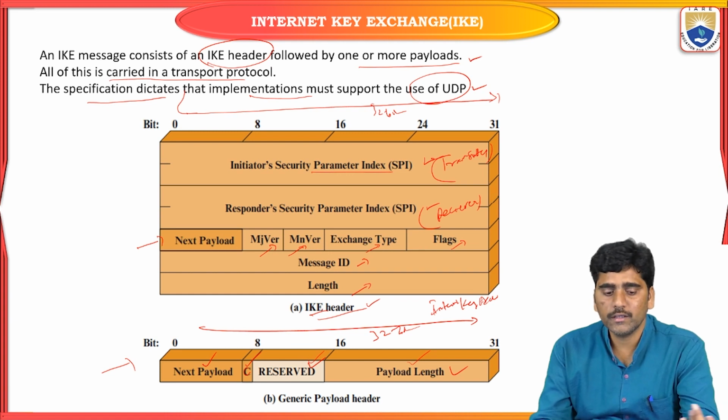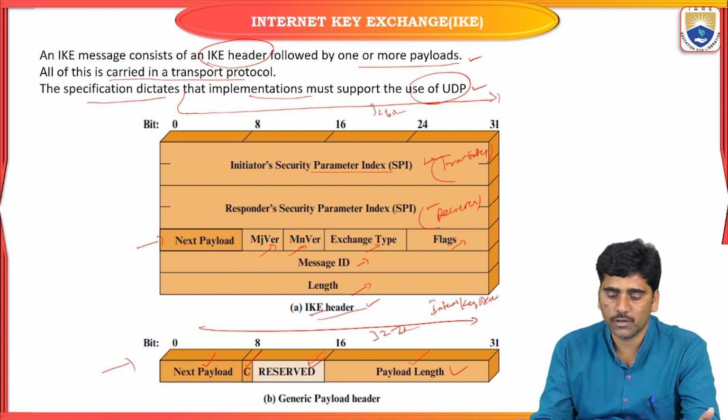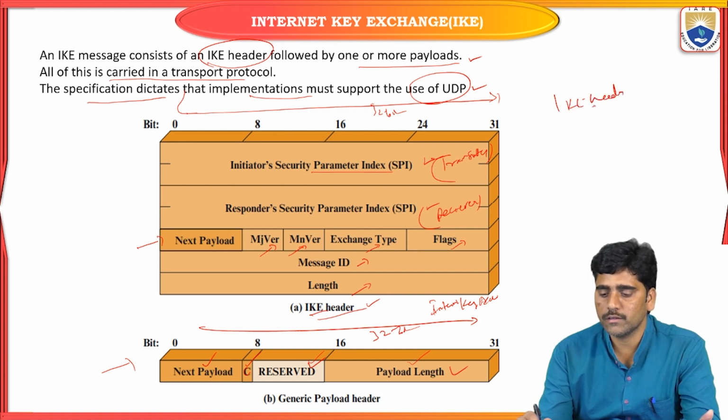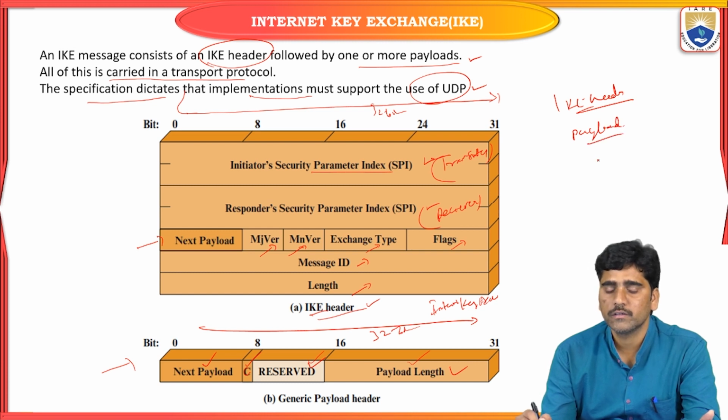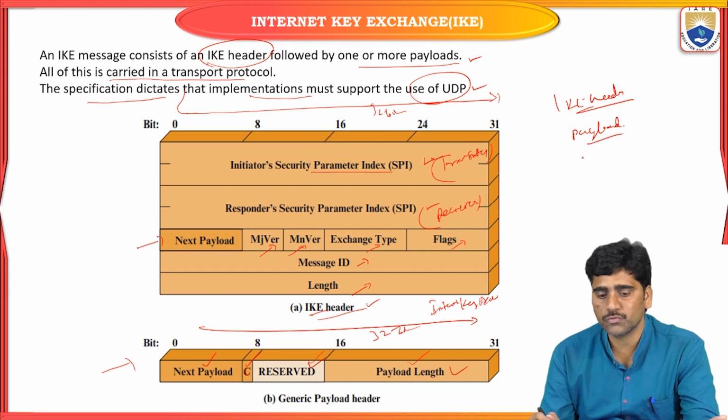So the IKE message format contains what? Both the IKE header as well as the payload field. So the IKE header field contains what?